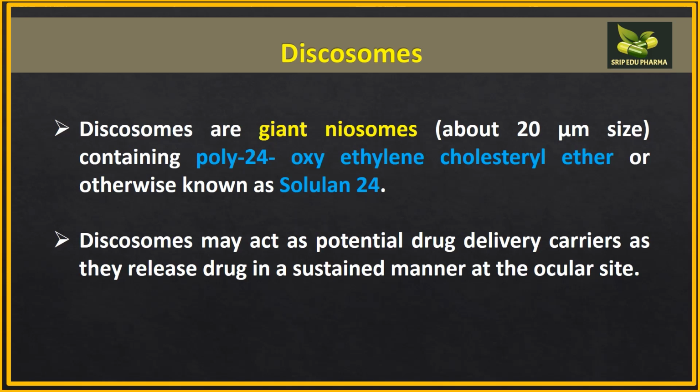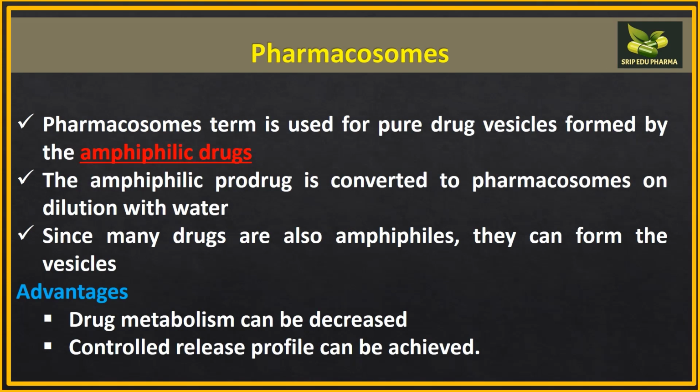They are giant niosomes. They have a size of about 20 micrometer and they contain poly 24 oxyethylene cholesterol ether, which is also known as Solulan 24. These discosomes act as potential drug delivery carriers for ophthalmic use as they release drug in a sustained manner at the ocular site.